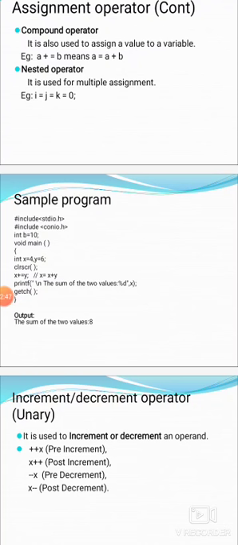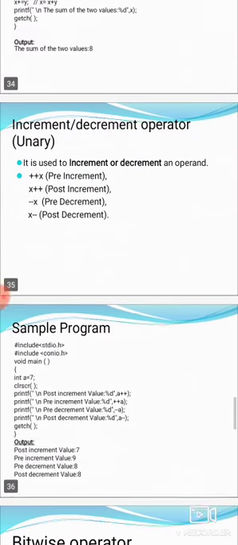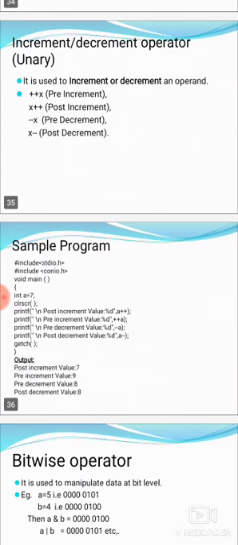That means x is equal to x plus y. The sum of two numbers we are producing here. Sum of two values is 10, but it is given as 8 here. So when you perform x plus y, it is 10. The output is 10.